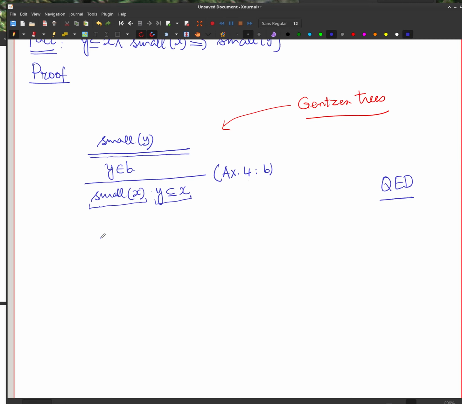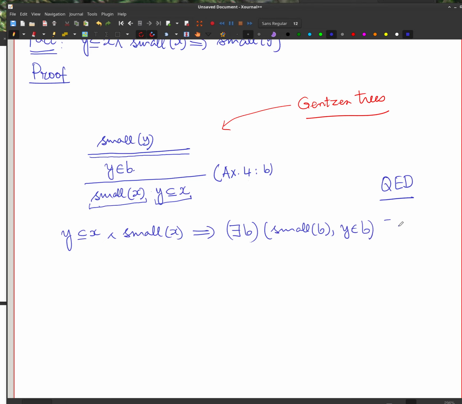But usually what we will write is y is a subset of x, and x is small, implies that there exists a b such that b is small and y belongs to b.